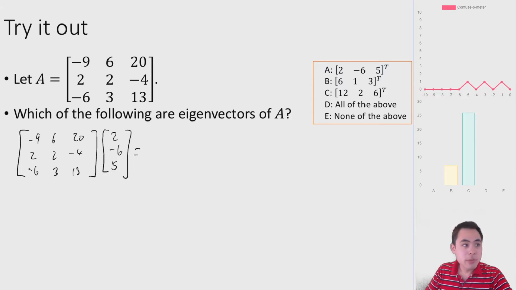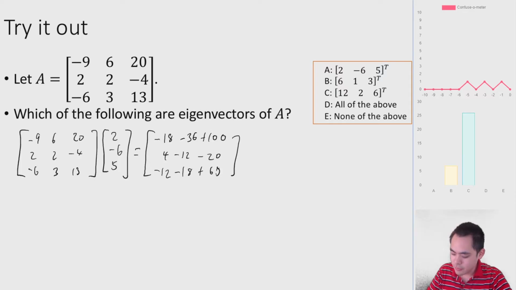So this is going to be equal to minus 18 minus 36 plus 100, and 4 minus 12 minus 20, and minus 12 minus 18 plus 65. We add these all together, you get 46 here, minus 28, and 35. So this is not an eigenvector.